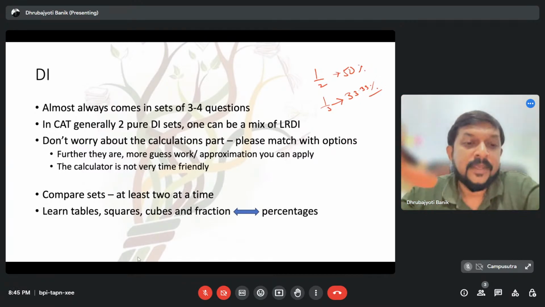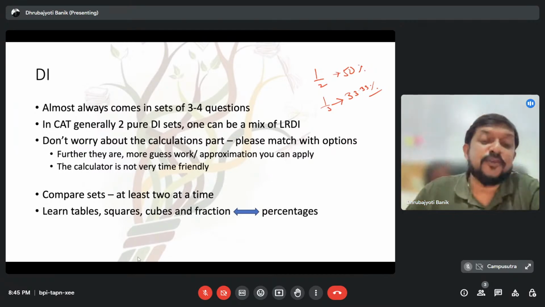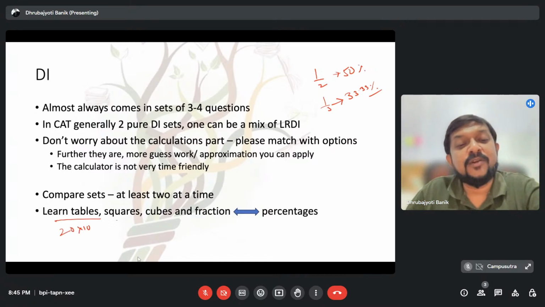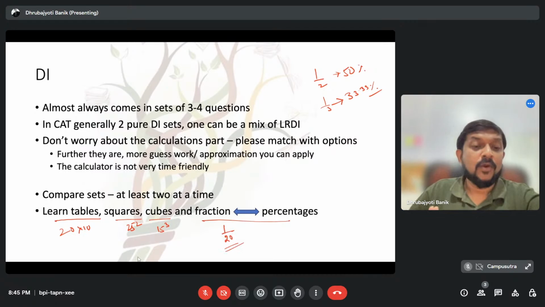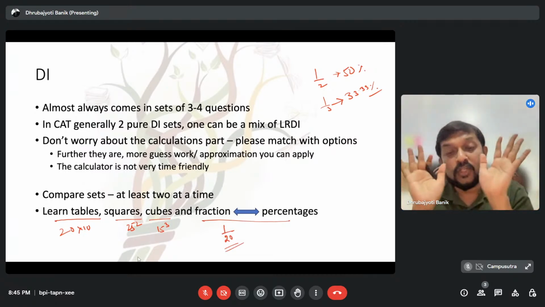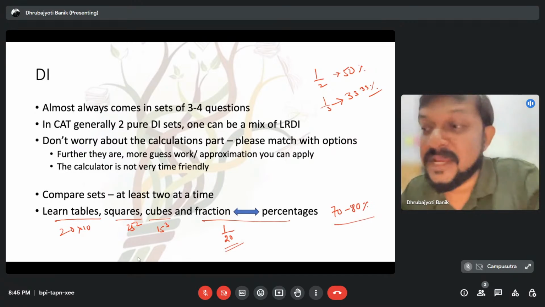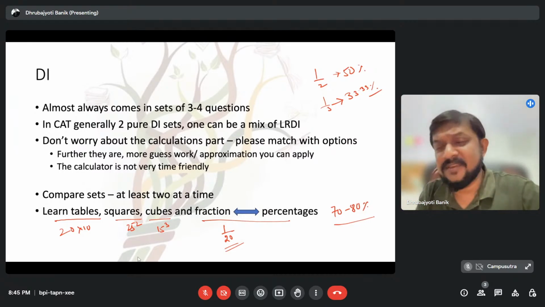So if you can learn the multiplication tables at least till 20 into 10, if you can do squares of numbers till 25, cubes of numbers till 15, and if you are comfortable with fractions to percentages till even 1/20, that should solve the calculation problem for at least 70 to 80% of the questions, trust me. Because most of the options are really, really far apart.